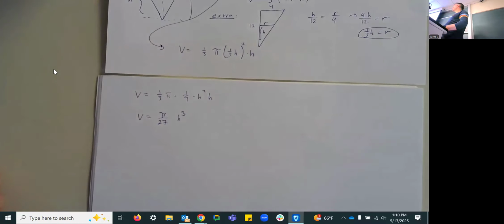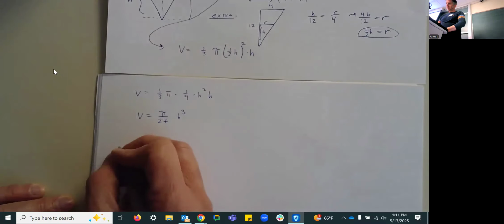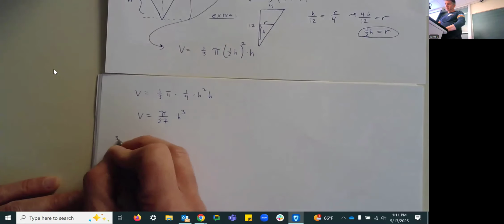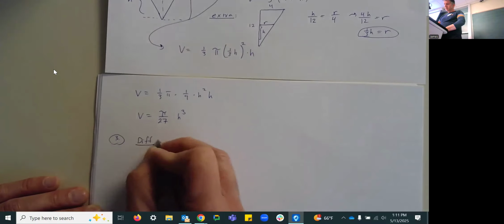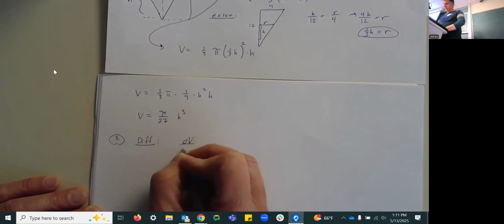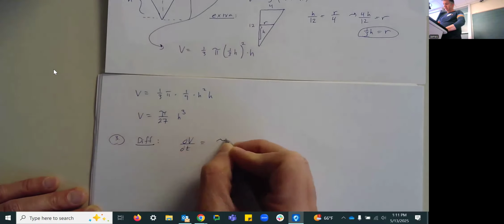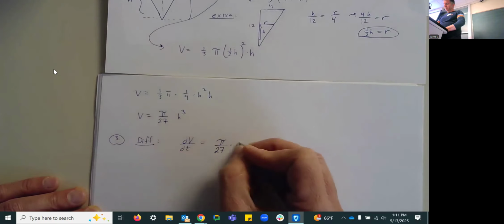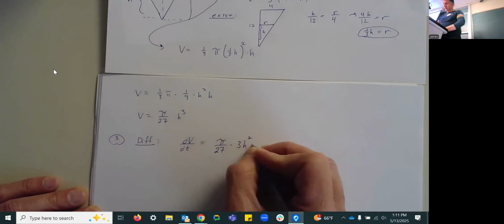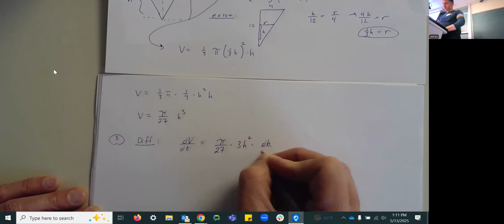And now it's much easier to take the derivative of both sides. So now, good old step 3, or typical step 3, differentiate both sides. You're going to get dV/dt equal to the constant pi over 27 hangs out. The derivative of h cubed is 3 times h squared times the derivative of h.